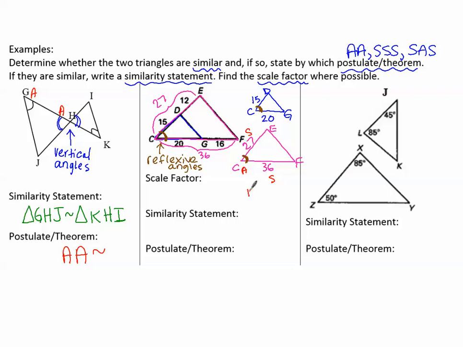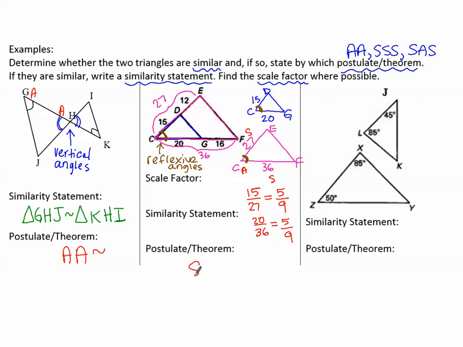So 15 over 27 simplifies to 5 over 9, and the longer side over the longer side, 20 over 36, also makes 5 over 9. So sure thing, since they equal the same thing, those sides are proportional.